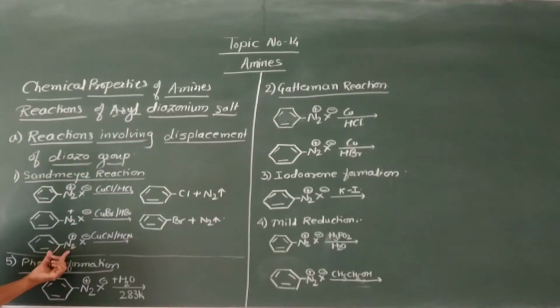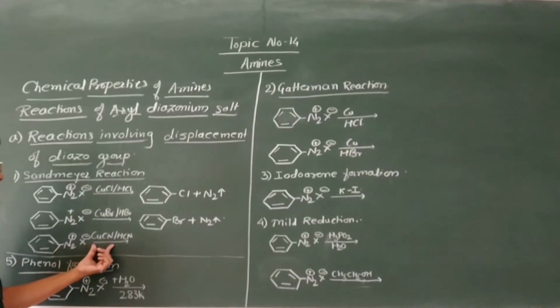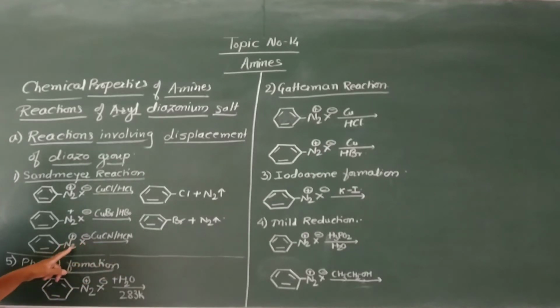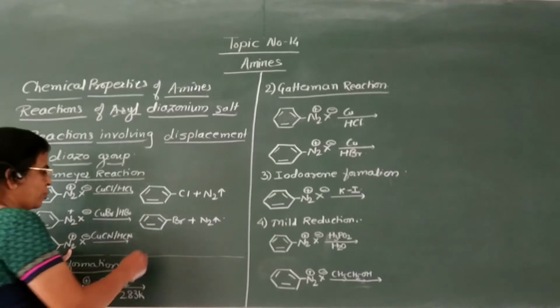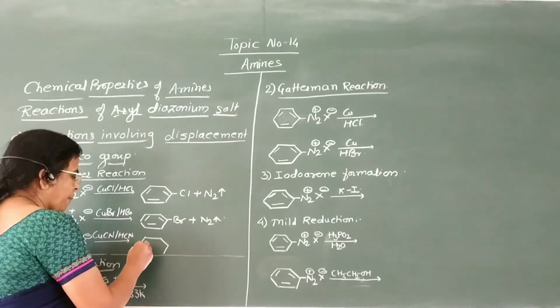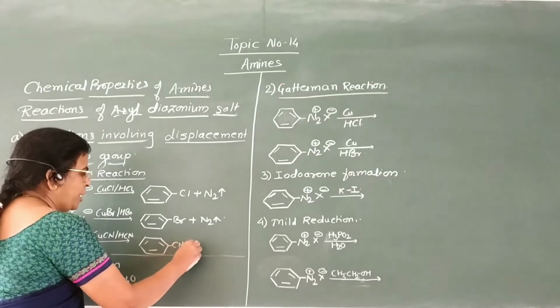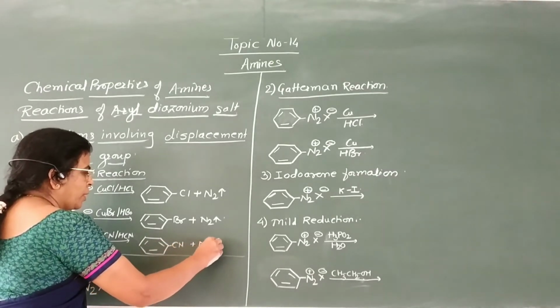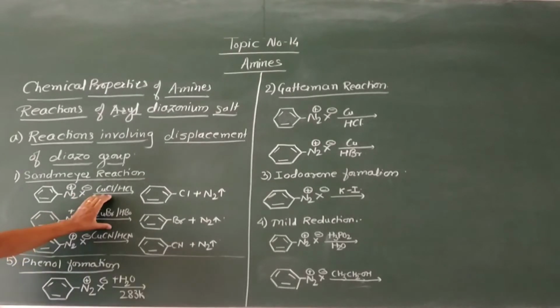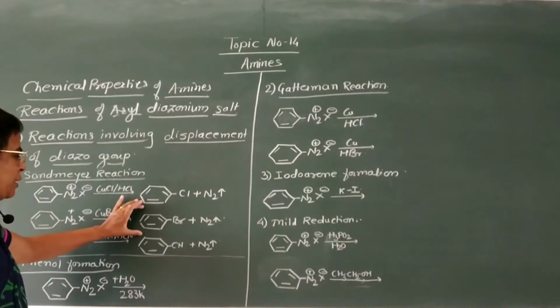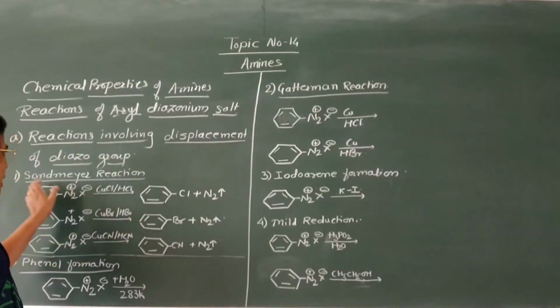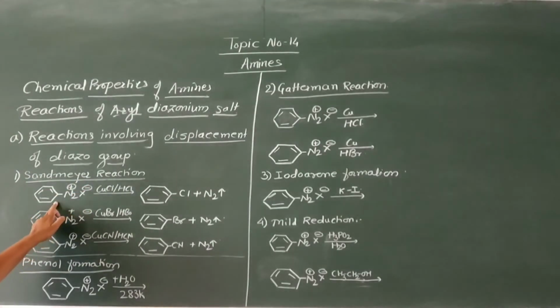Now if this aryl diazonium halide is treated with cuprous cyanide or CuCN plus HCN, then this N2 is replaced by CN group to give this aryl cyanide or cyanobenzene plus N2. In this way we can prepare chlorobenzene, bromobenzene or cyanobenzene by Sandmeyer's reaction using aryl diazonium halide.